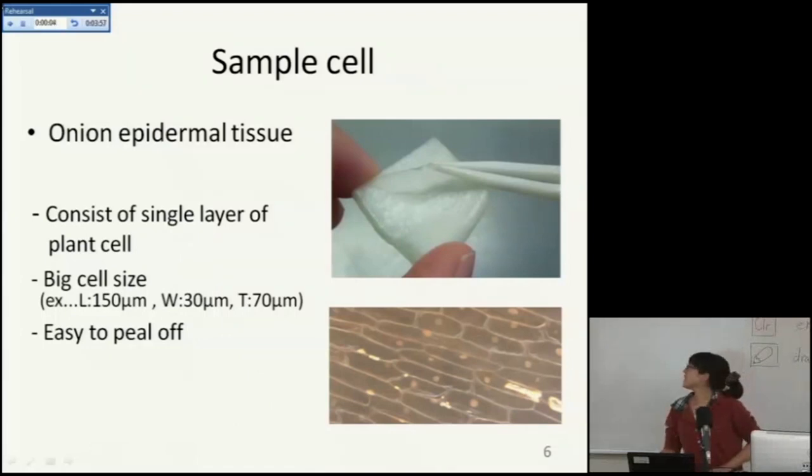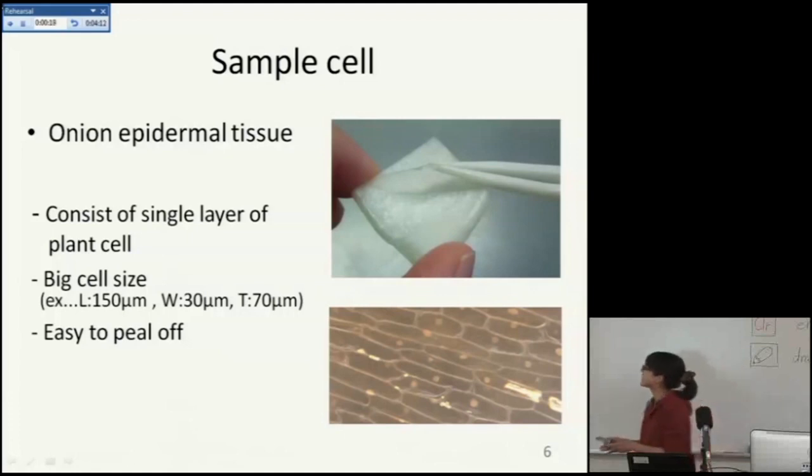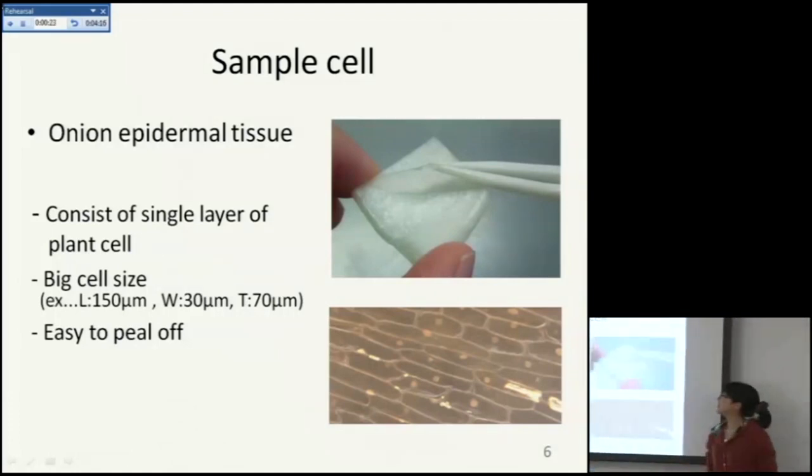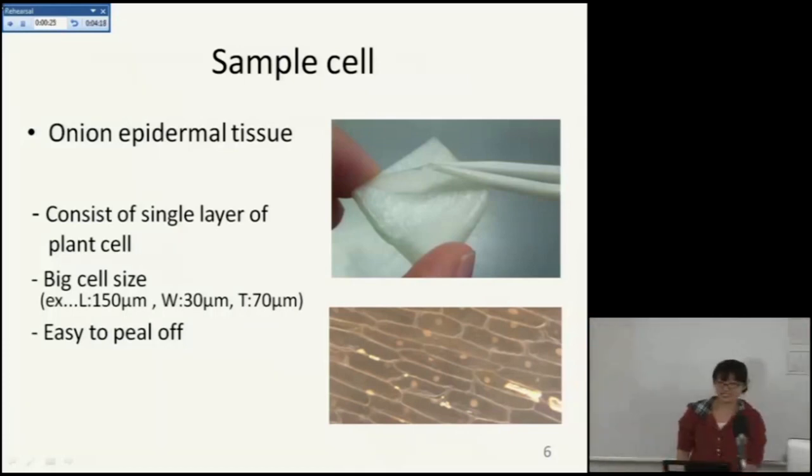And in my research, I select the onion epidermal tissue as my sample cell. This is a piece of onion, and this thin film is the onion epidermal tissue.